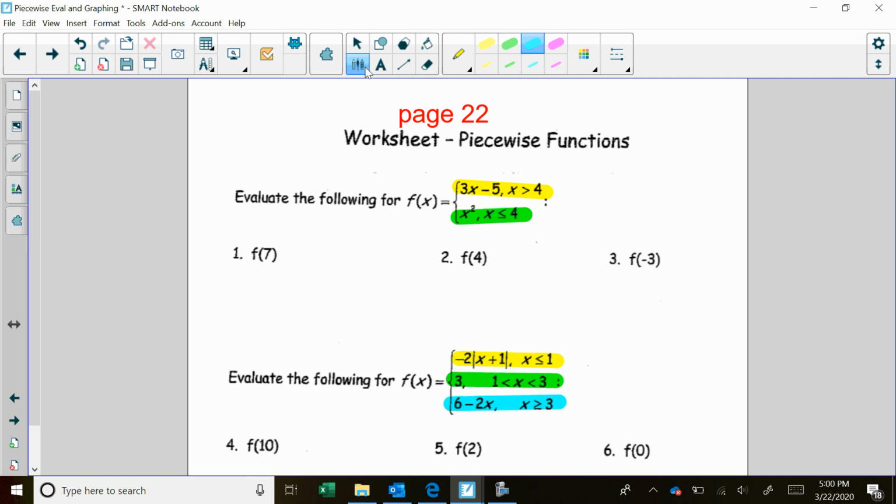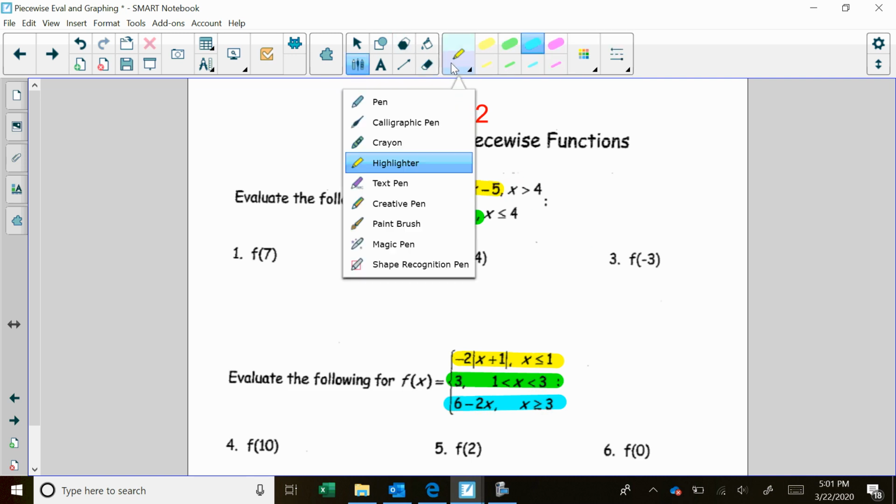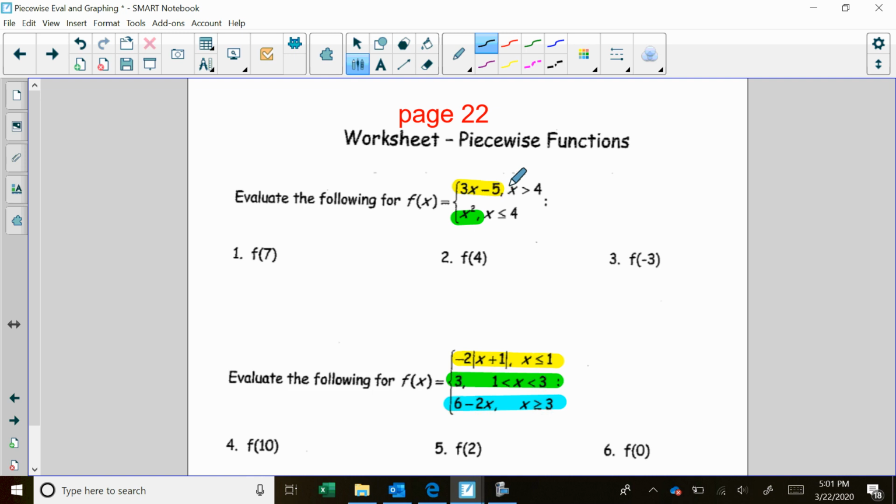And so as we look at that, I'm going to erase part of this. And we're going to look at this part right here. Let's turn that a different color. We're going to look at this part right here.